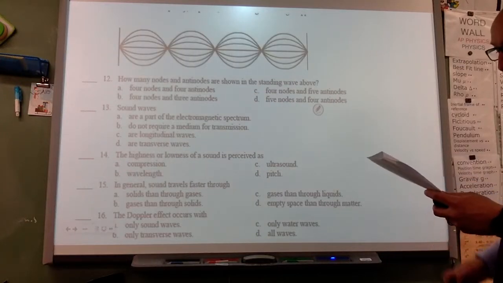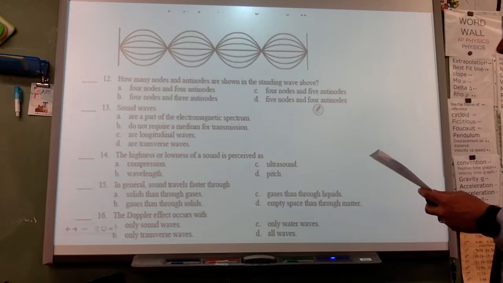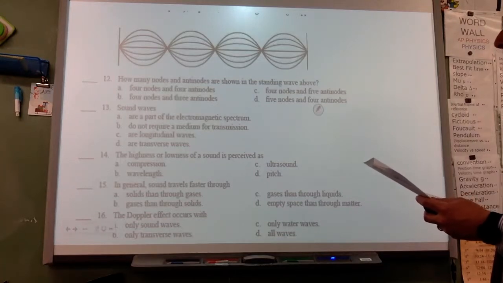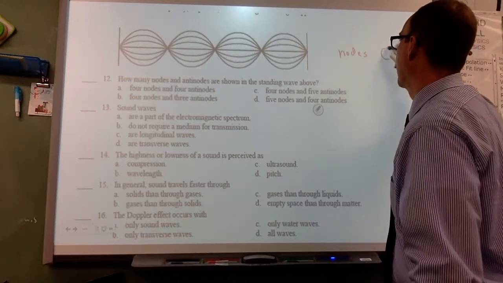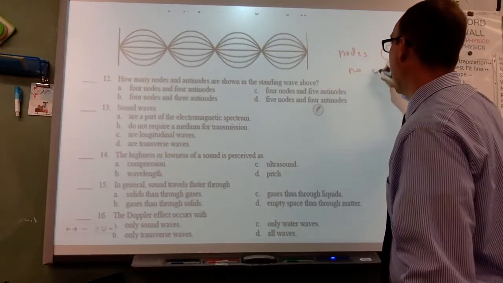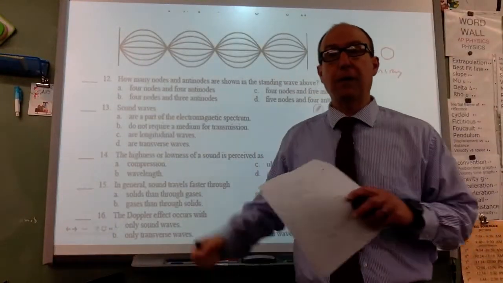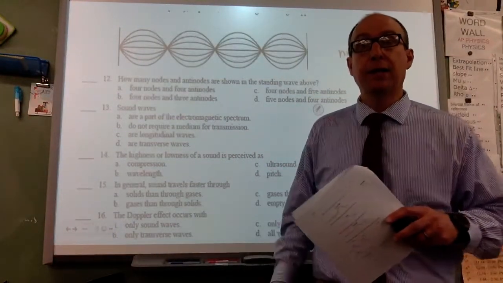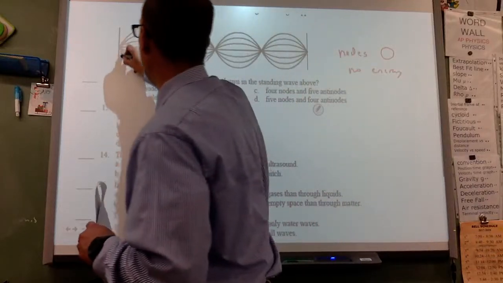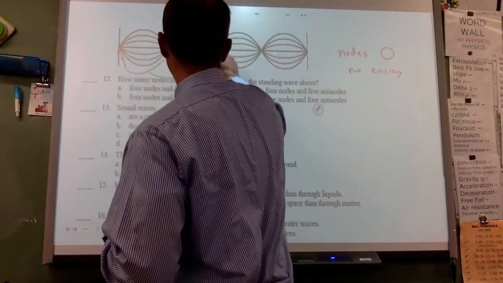All right, 12. How many nodes? How many antinodes? Nodes are zeros. So that's where we have no energy. And I showed you this in the microwave diagram. I showed you this when I did the spring up and down.